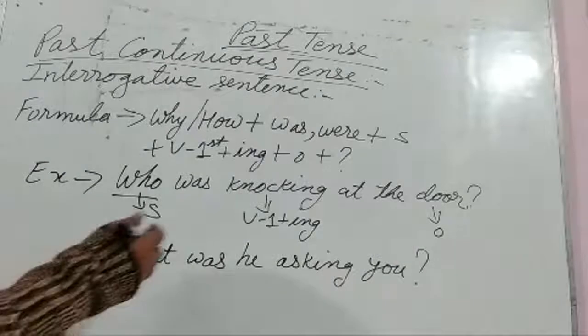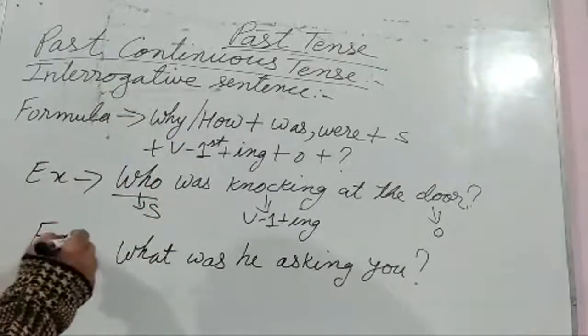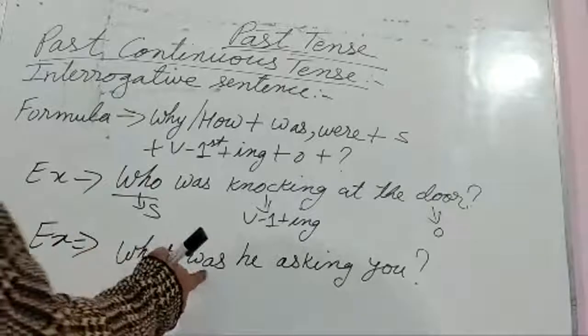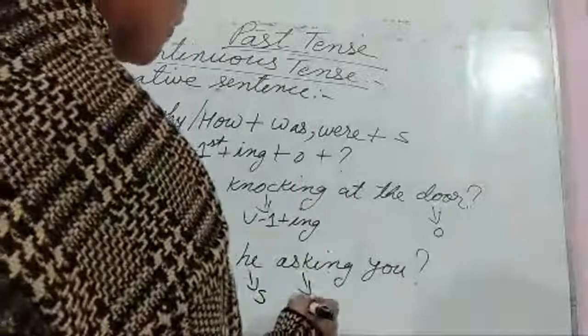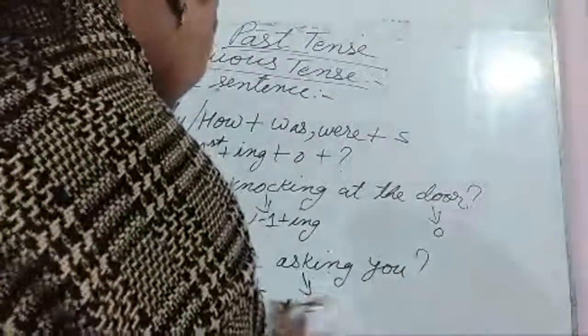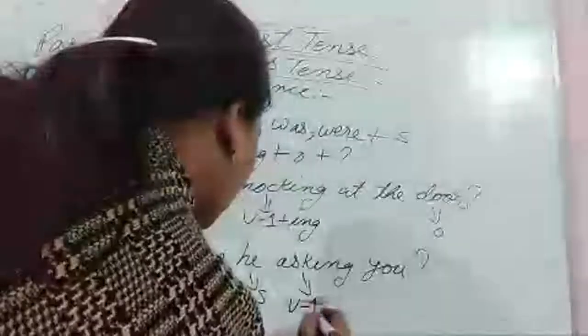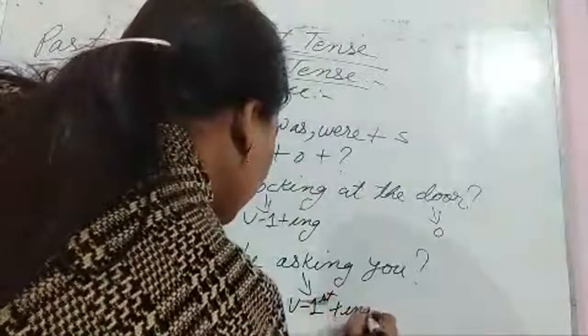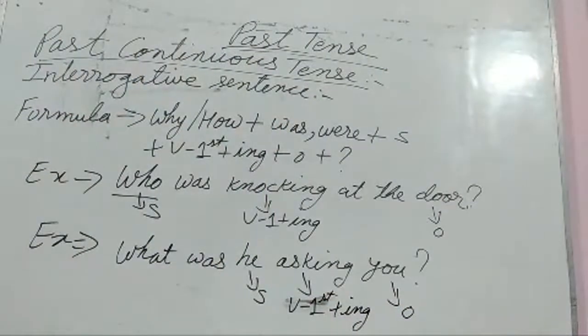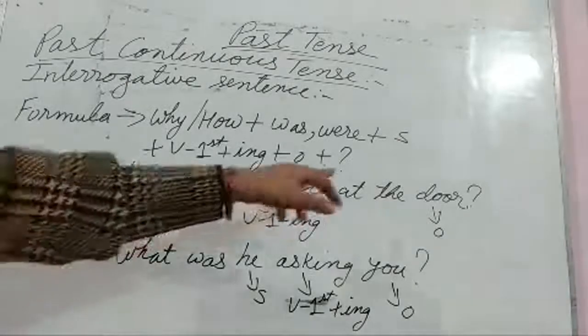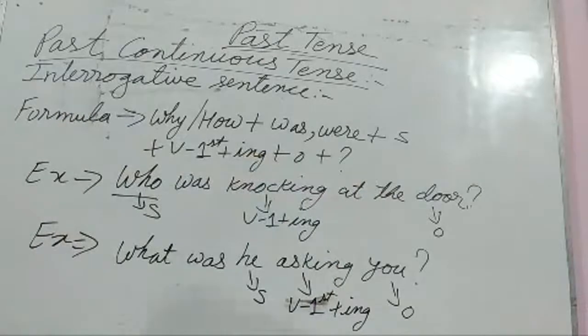As it is an interrogative sentence, what means it is asking a question; was, as it is in past continuous tense; he is your subject; asking is your verb of first form plus ing; and you is your object. So the two examples are: who was knocking at the door, and what was he asking you.